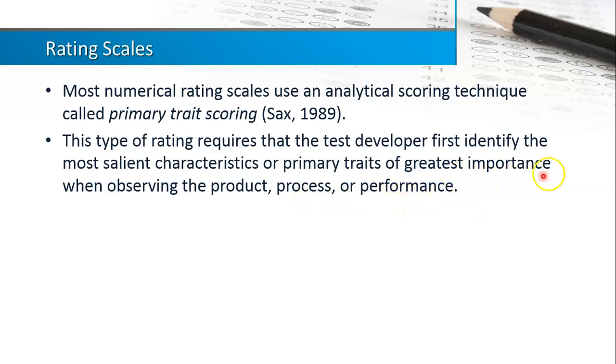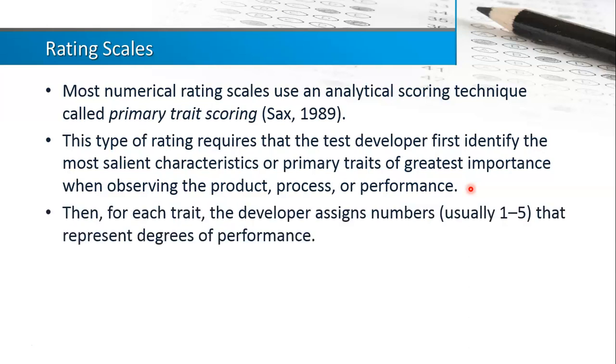So usually what we want to do here is think what kind of evidence, what kind of characteristics you want to see that indicate the learning outcome has been achieved.